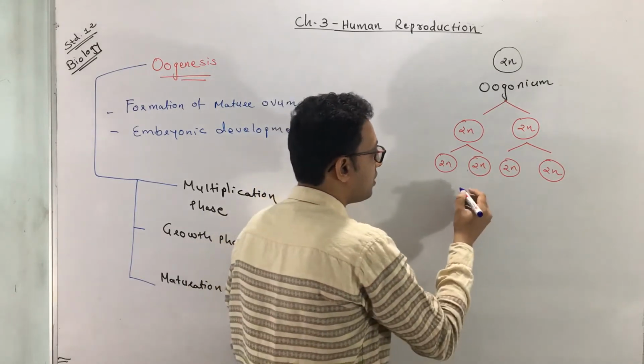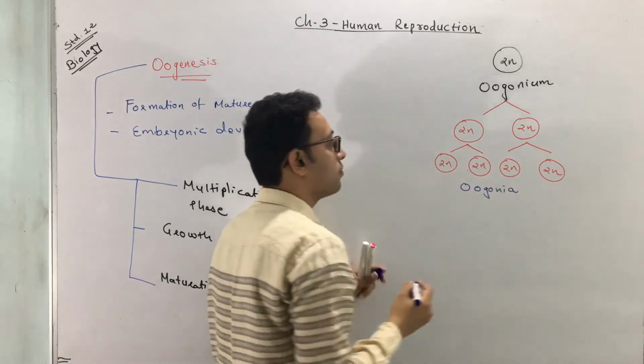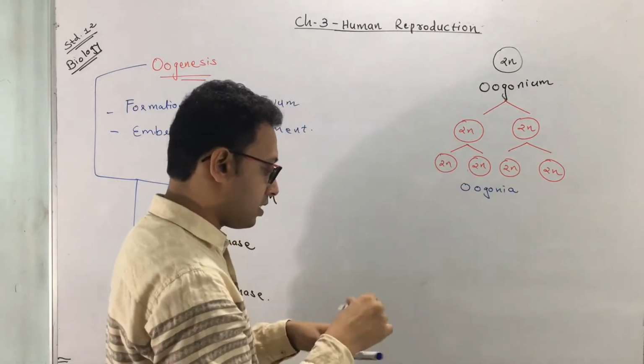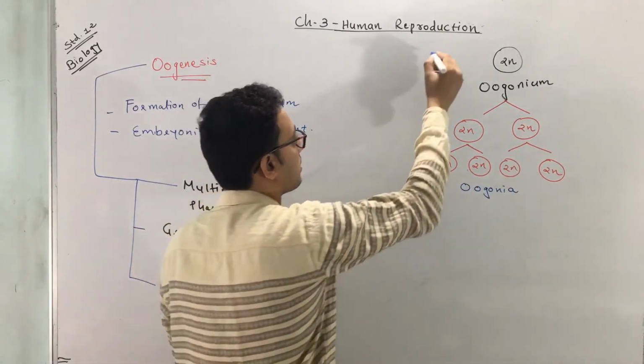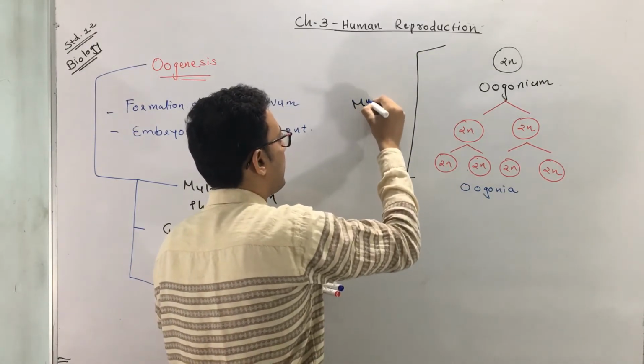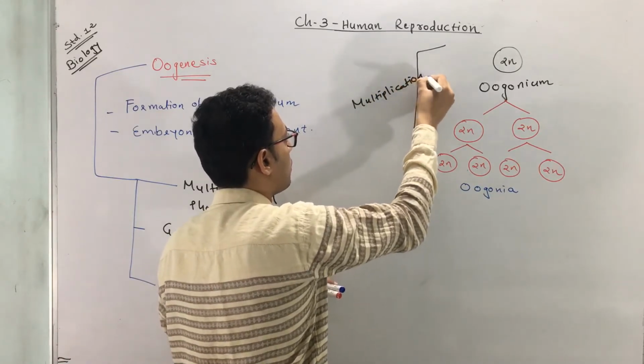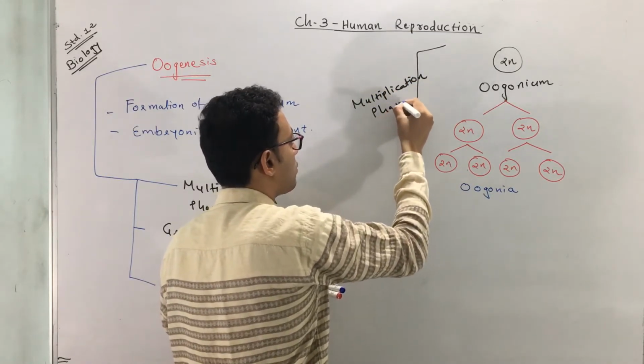Thus the oogonia are formed, and this phase is called the multiplication phase.